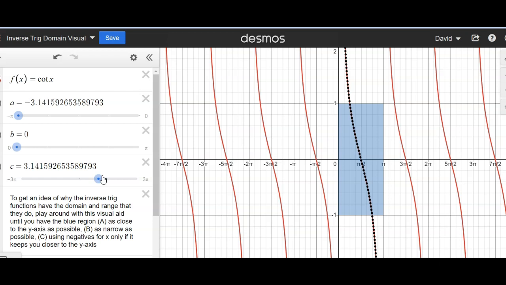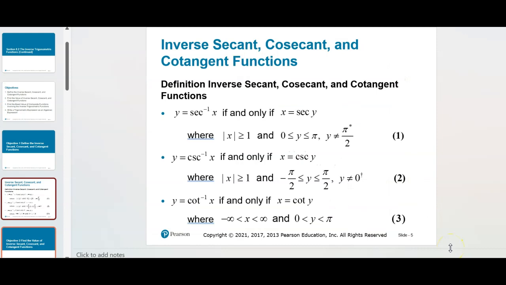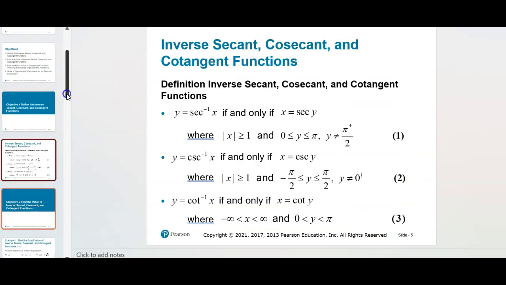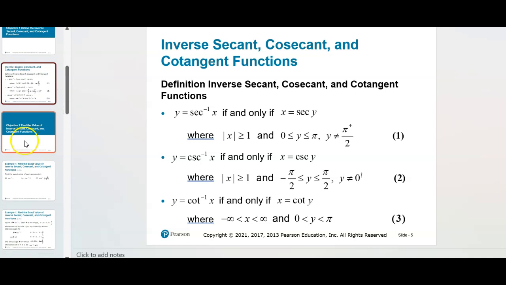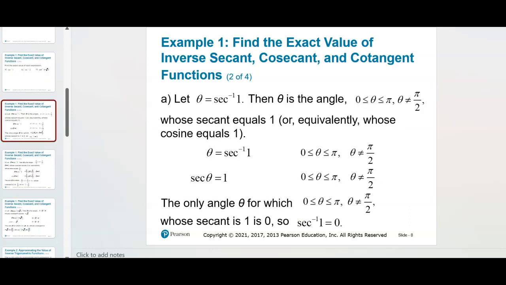So that's the reason why we have this shifting in the cotangent function, and why we go between 0 and pi rather than negative pi over 2 and positive pi over 2 like tangent did. So cotangent kind of breaks away from its reciprocal as far as the inverse trig function ranges go.